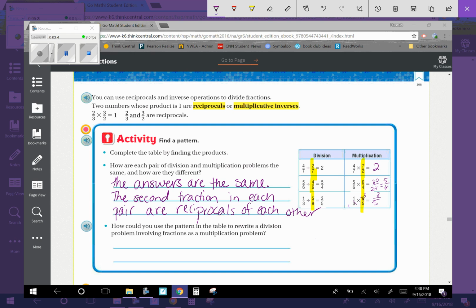So how could you use the pattern in the table to rewrite a division problem involving fractions as a multiplication problem?